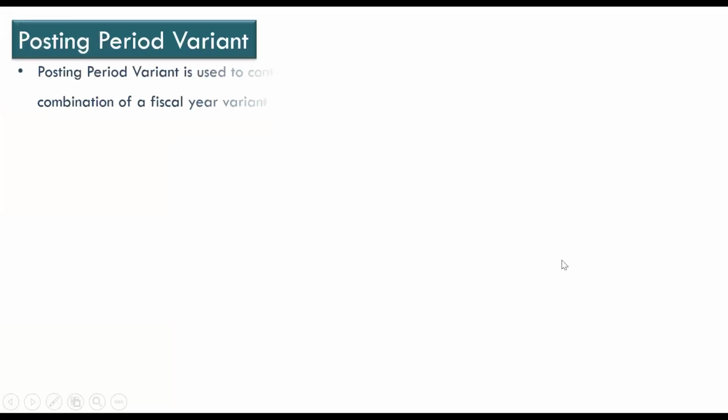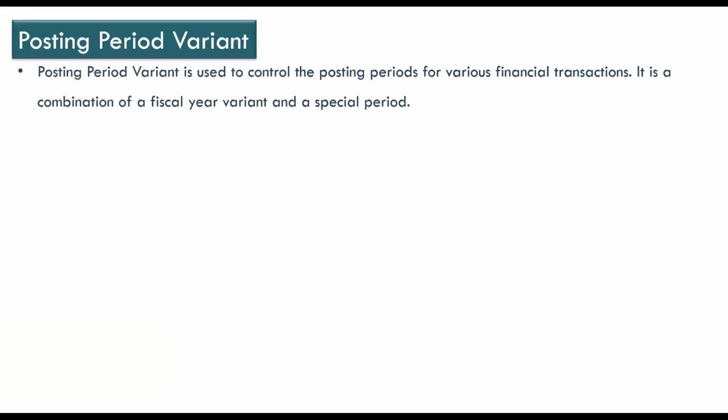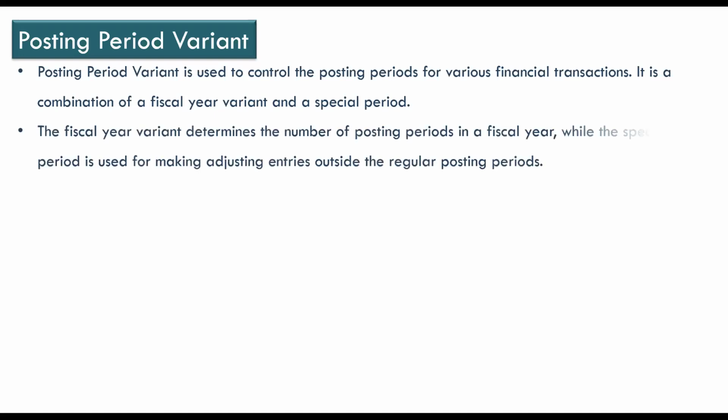See, posting period is used to control the posting period for various financial transactions. Okay. So it is a combination of fiscal year variant and special periods. The fiscal year variant determines the number of posting periods in a fiscal year.